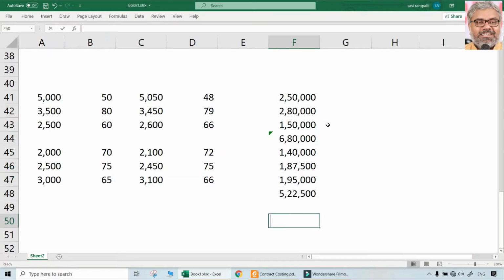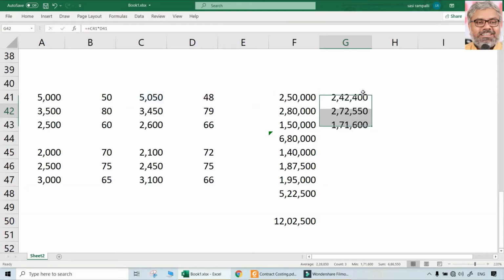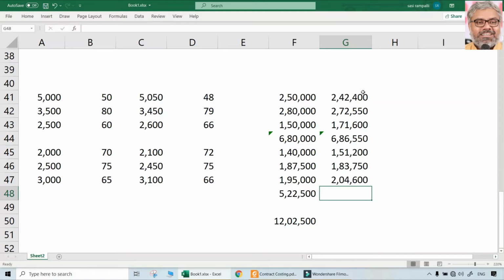So total cost originally, as per the expectation or standard, should have been this much. But how much is the actual cost according to the reality? 5050 into 48, actual quantities multiplied with actual prices. And then if we do the total once again.